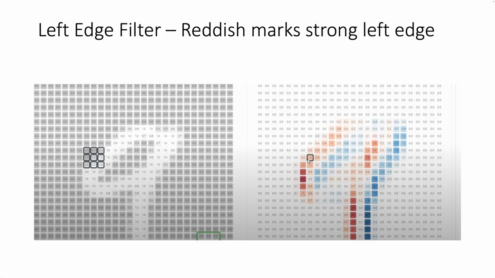All right, so let's look at an example of a left edge filter. Here we are looking at an example of a left edge filter, and that would mean that we have pretty much no pixels lit up on the left, followed by some pixels being lit up.